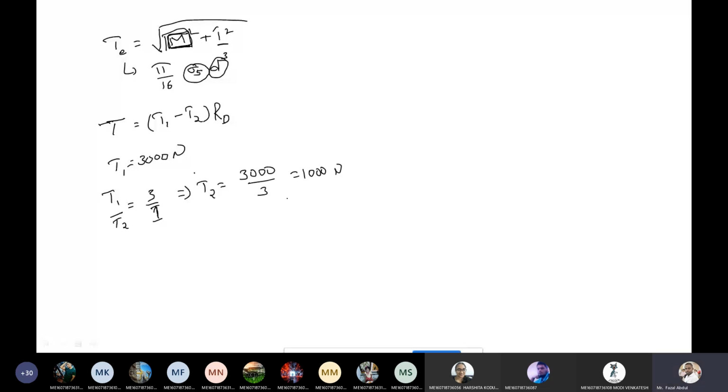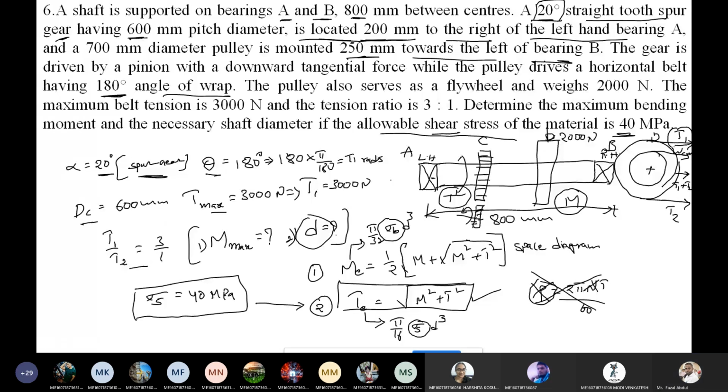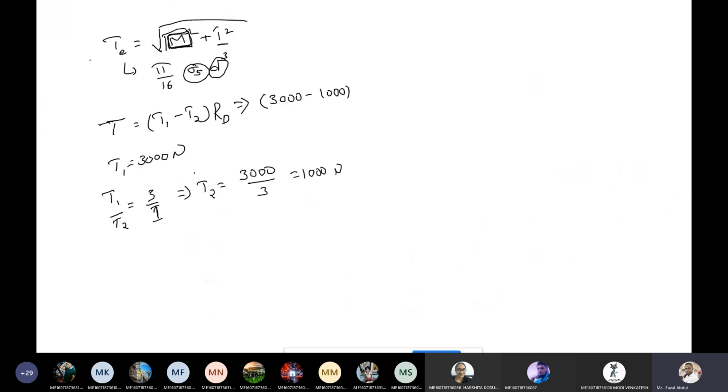So T1 and T2 are calculated. The R D value is given in the question, so calculate (3000 minus 1000) into R D. What is the radius of the D pulley? The diameter is given as 700 mm, and 700 mm diameter means 350 mm radius.